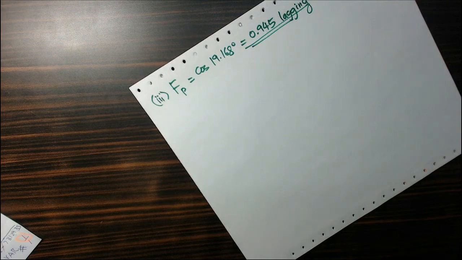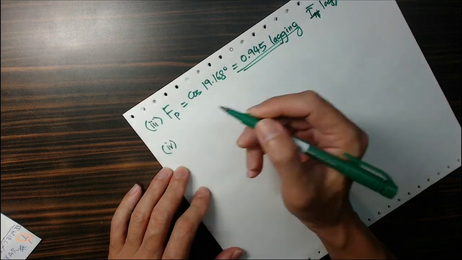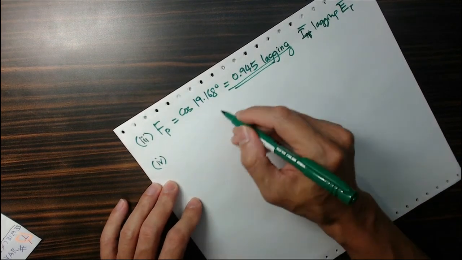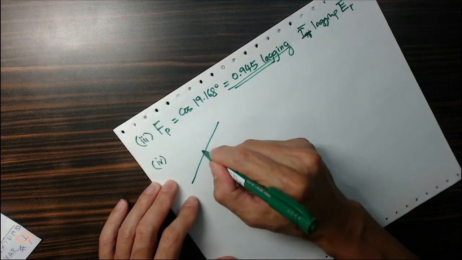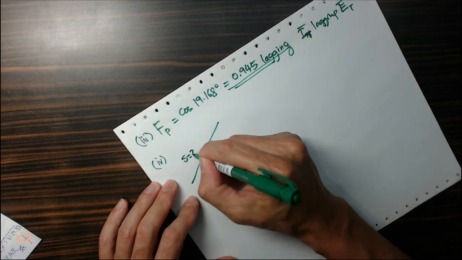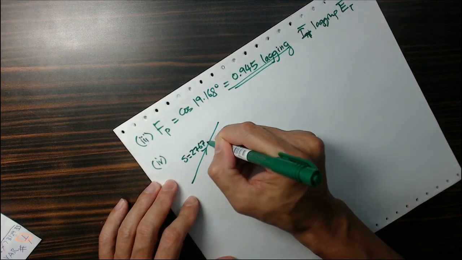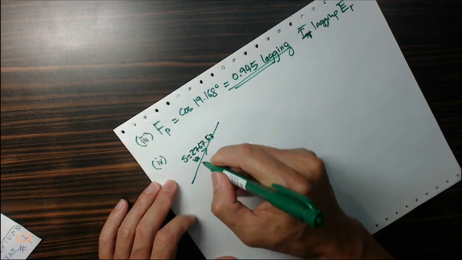Now part 4. We want this. Let me draw the power triangle first. My power triangle will look something like this. This S is 2767.53 VA.